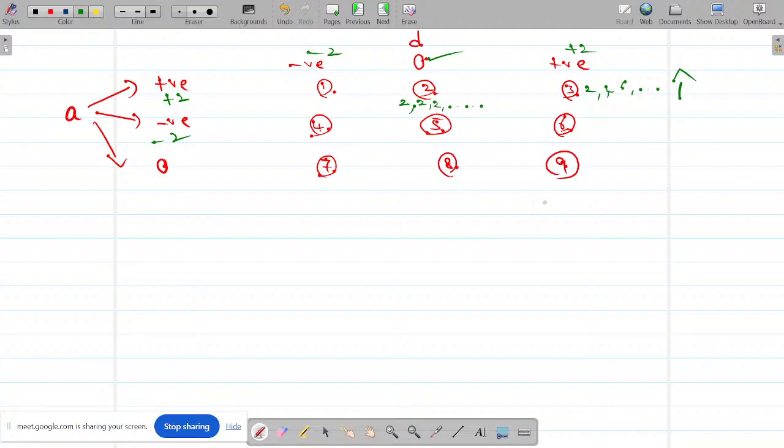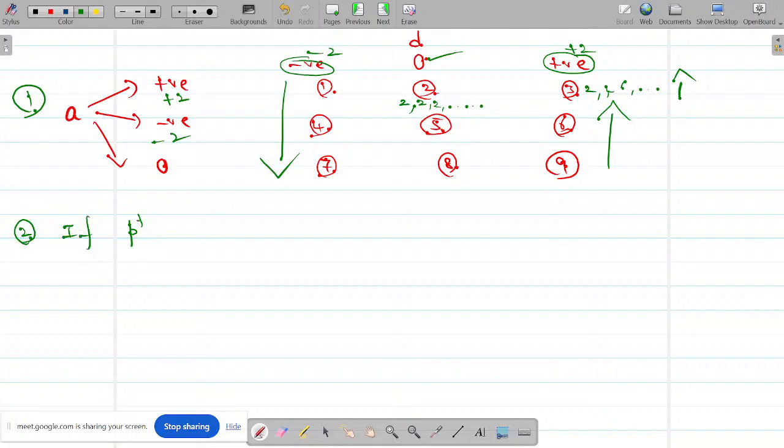You find all the 9 sequences. You will find that when D is negative, whether A is positive or negative or 0, whatever it is, the sequence will be a decreasing sequence. D is positive, the sequence will be an increasing sequence. So I request you to do this one. So this first assignment you're going to do now. Okay. Second assignment, after finishing the first one, this is the question you have.